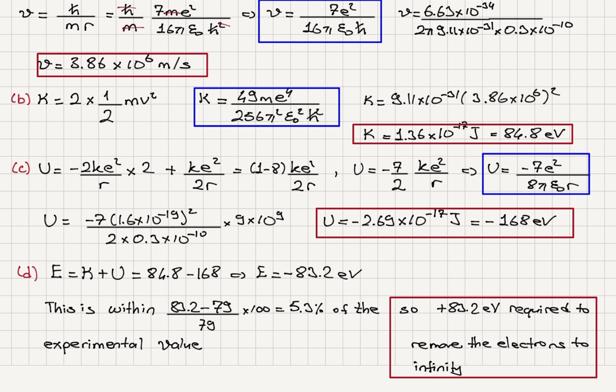The total potential energy is due to the attraction of the two electrons to the nucleus, minus 2ke squared over r for each of them, and plus the repulsive potential between the two. This allows us to calculate the total potential energy. When we add the potential energy to kinetic energy, we find the negative energy, and the positive value of this energy must be supplied to remove the electrons to infinity. And the answer is within 5% of the experimental value.